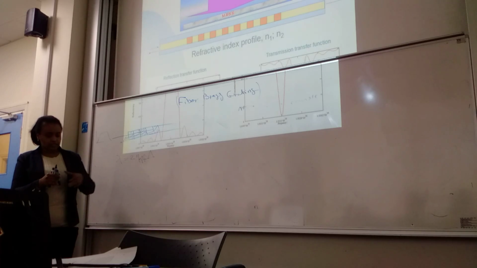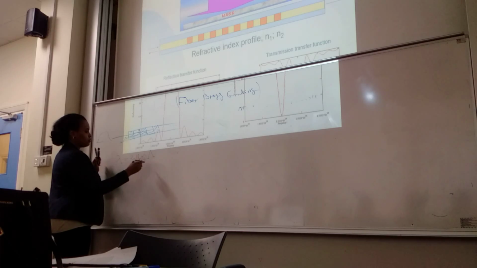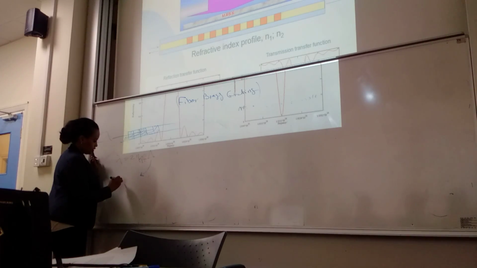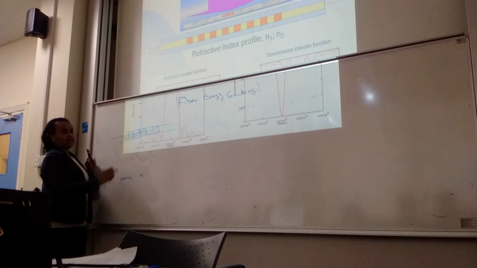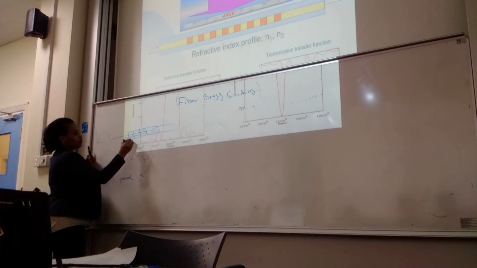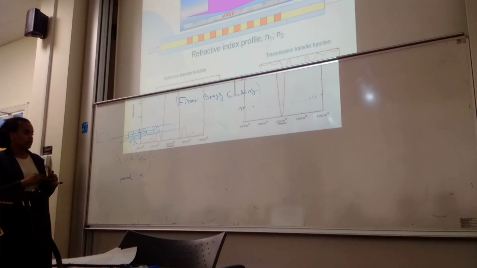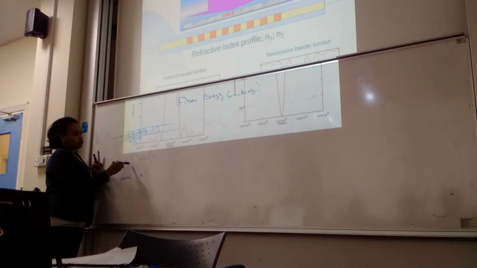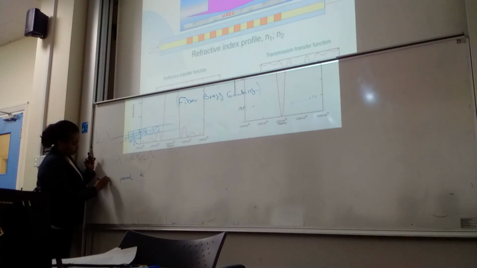This is the period of changing the refractive index. So the wavelength is equal to double the effective refractive index multiplied by the grating period.